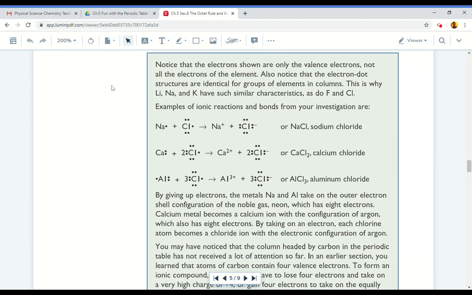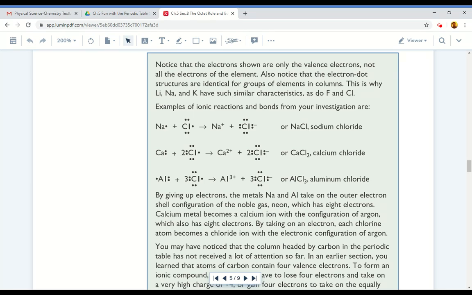Notice that the electrons shown are only the valence electrons, not all the electrons of the element. Also notice the electron dot structures are identical for groups of elements in columns. This is why lithium, sodium, and potassium have similar characteristics, as do fluorine and chlorine.